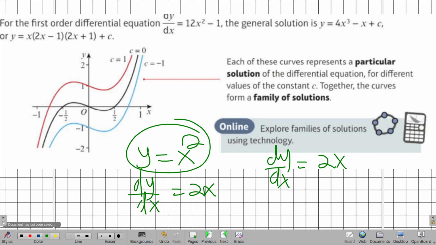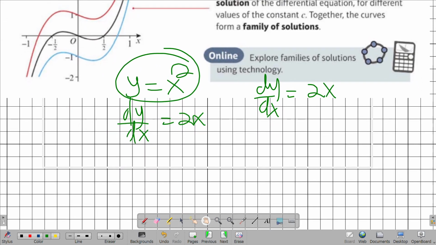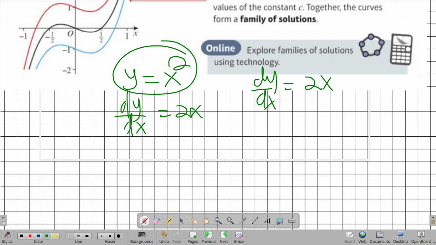You simply need to separate these variables. First of all, you say on both sides dy is equal to 2x dx, and you apply the integral signs. You get y is equal to x squared plus c.